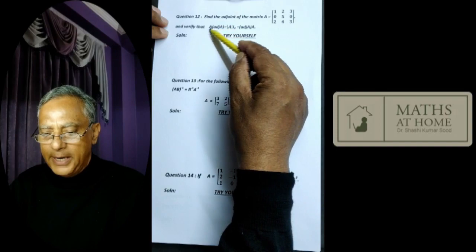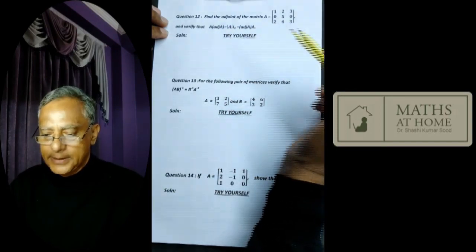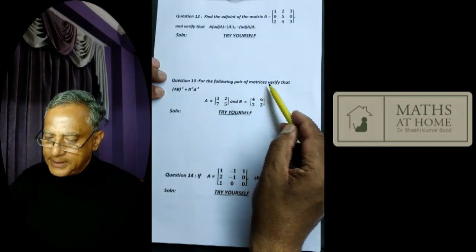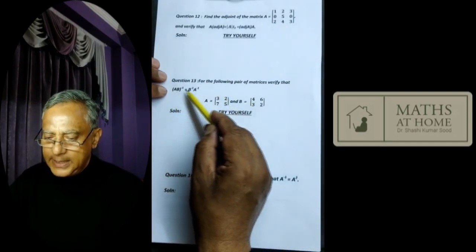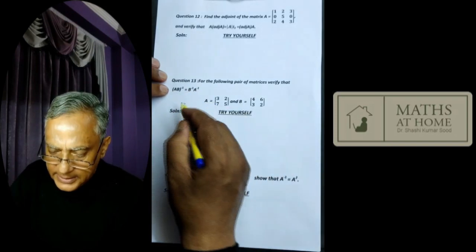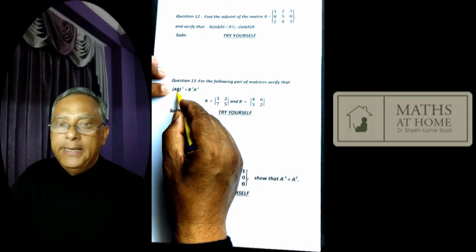Then complete this matrix multiplication and verify this. And the second question is, for the following pair of matrices, verify that AB inverse is this much. What we do is, in this case, we first find AB.